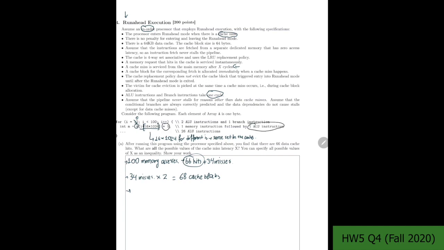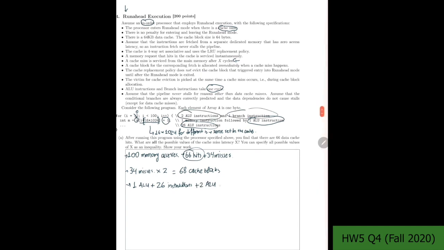It needs to execute 26 ALU instructions here, as it says in the program, plus 2 ALU, as it says here, and one branch, and all these take 1 cycle.